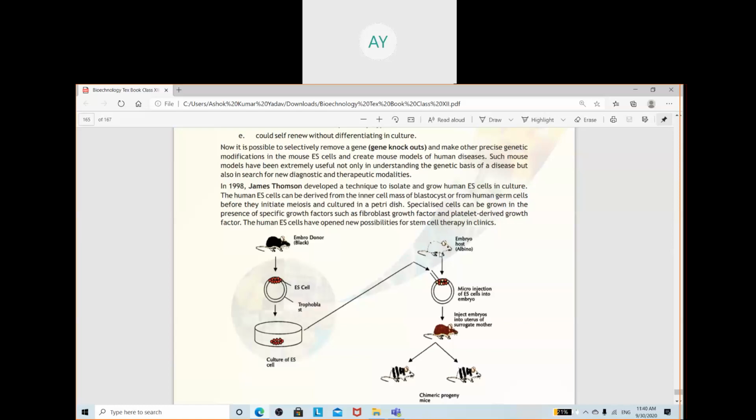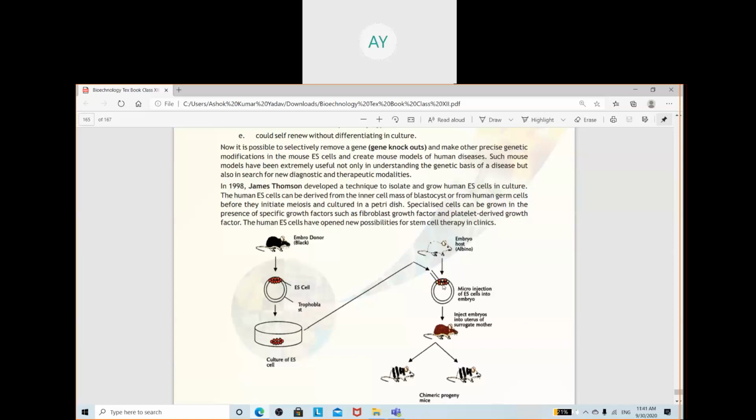Again, side by side, you are going to develop the embryo of albino mice and take out the embryonic stem cell of the albino mice, and then you again culture it in the animal cell culture lab. Now you are going to mix the embryonic stem cell of black mice and the embryonic stem cell of albino white mice.